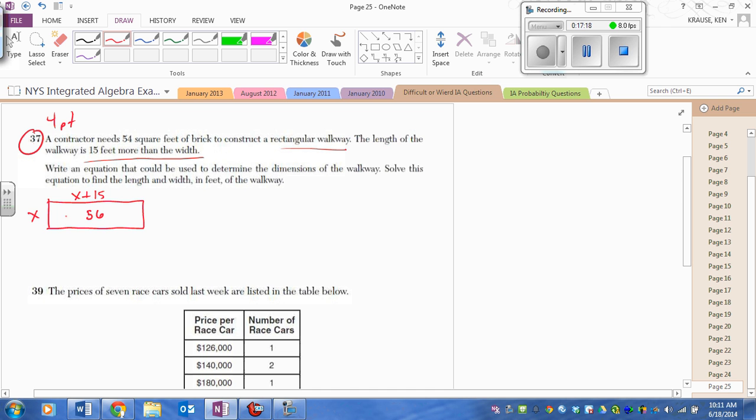If this is the area, area is equal to length times width. So x times x plus 15 equals 54, or x squared plus 15x equals 54. Now this is quadratic, so it should be equal to 0.